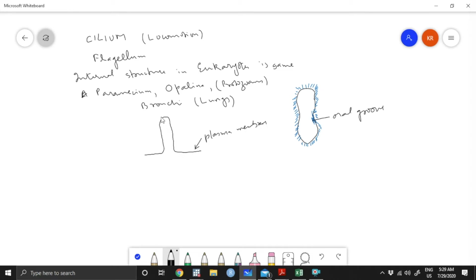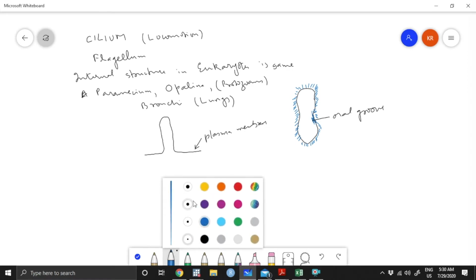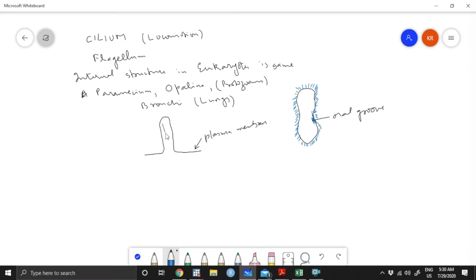This envelops the extension of the cilium, and inside the cilium, here we will be able to see these microtubules, and they all originate from here.